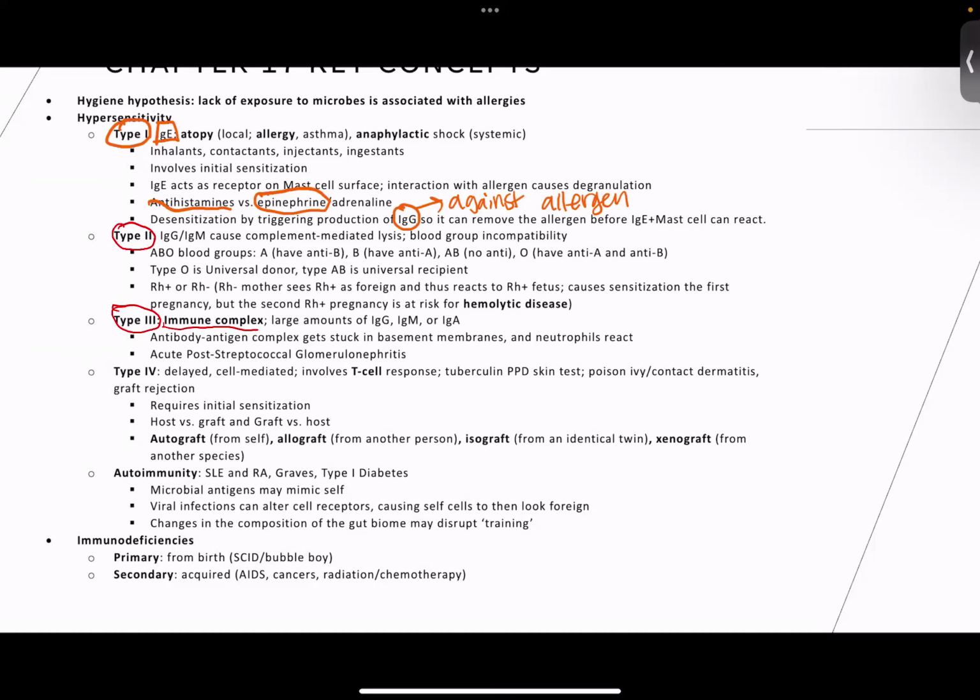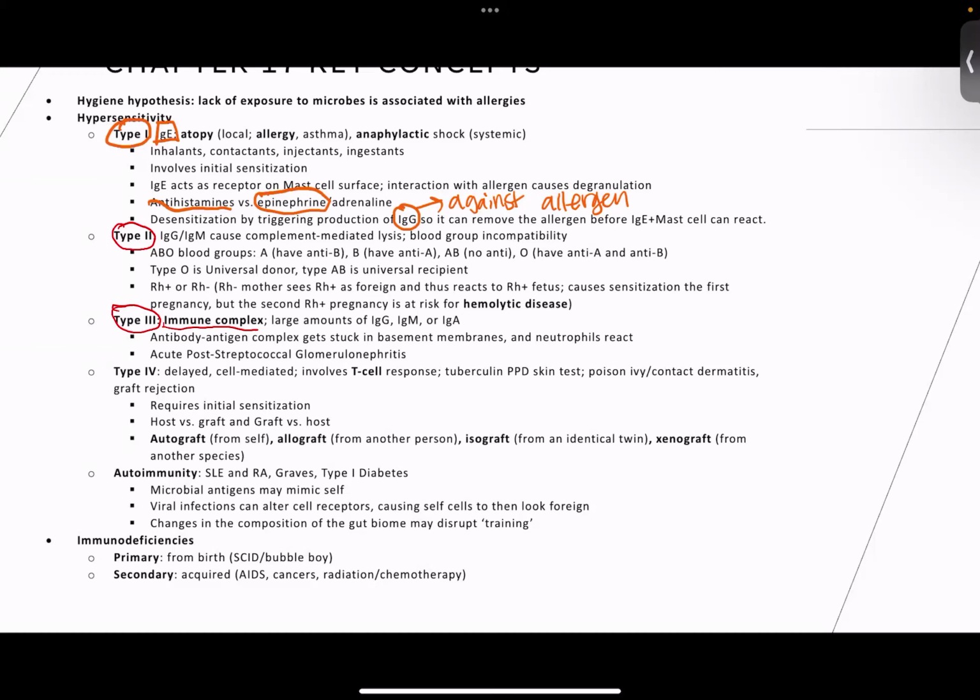So anyways, immune complex. The fact that the antibody and antigen are already bound together and they're not being cleared by the immune system yet. And they get stuck in these very fine capillary areas in the basement membranes of your blood vessels. And the neutrophils keep attacking that, thinking that it's something foreign.